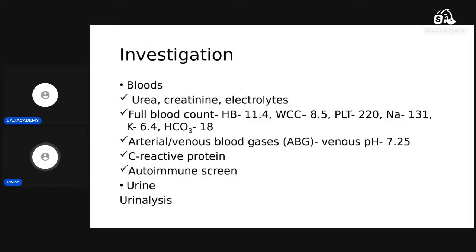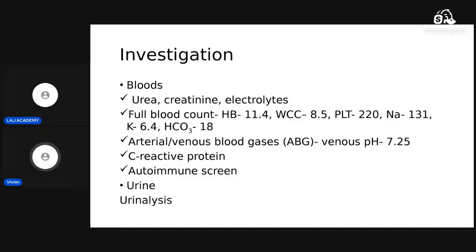Here are the investigations. I've classified the investigations into blood, urine, and then imaging. For the bloods, we would do urea, creatinine, electrolytes, full blood count. In this lady, the full blood count came out with hemoglobin of 11.4, white blood cell count a little bit elevated, platelets elevated to 220.